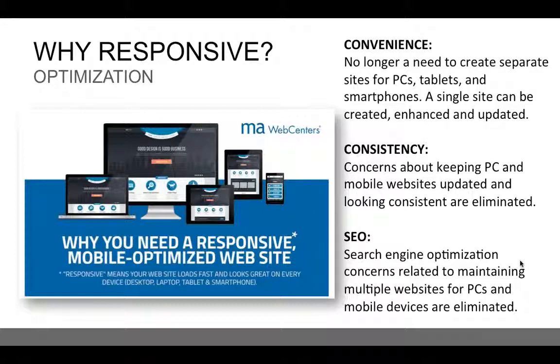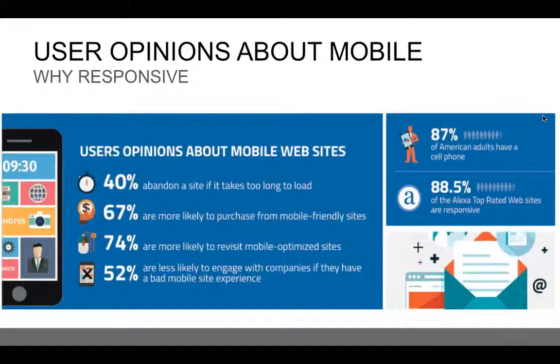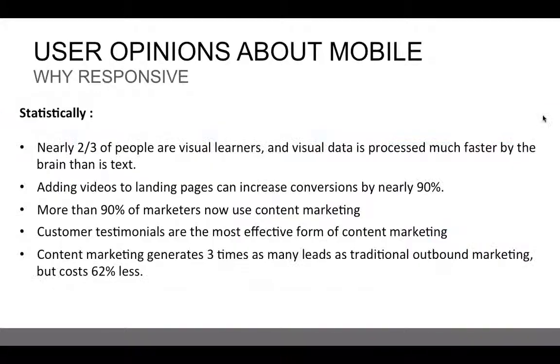Consistency. Concerns about keeping PCs and mobile websites updated and looking consistent are now eliminated. It's one site that you maintain, and it shows across all different screen types and systems. SEO is another big one. Search engine optimization concerns related to maintaining multiple websites for PCs and mobile devices are eliminated. A lot of times a mobile site doesn't have the same properties as your regular site, and you'd have to maintain two different versions.